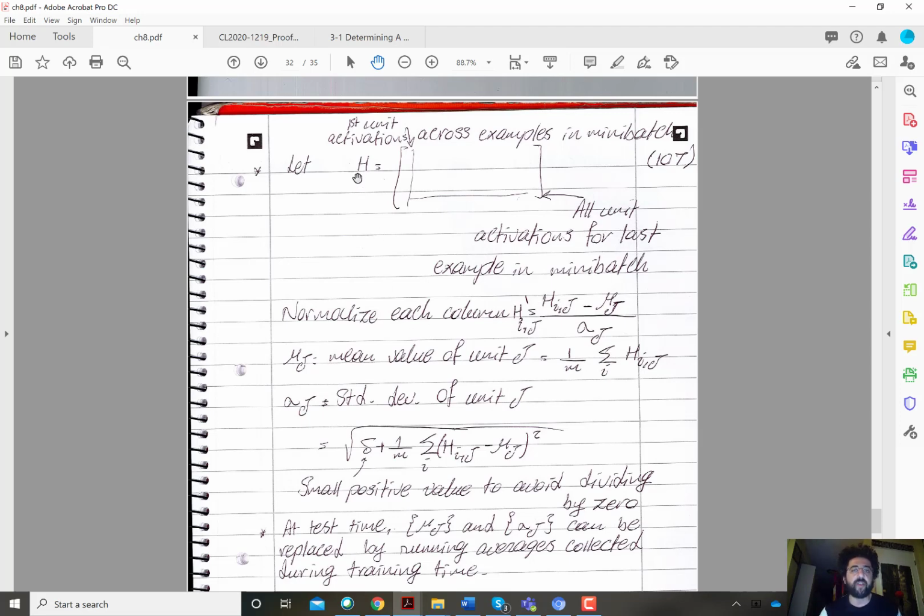So let's think of H as a matrix that represents the activations for a layer across all examples in the mini batch.